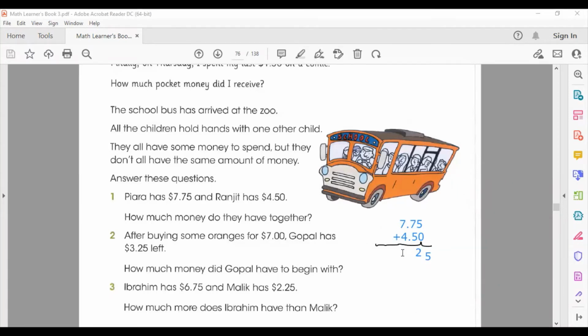Put the point here. 7 plus 1, 8. 8 plus 4, 12. So right here $12 and $0.25.